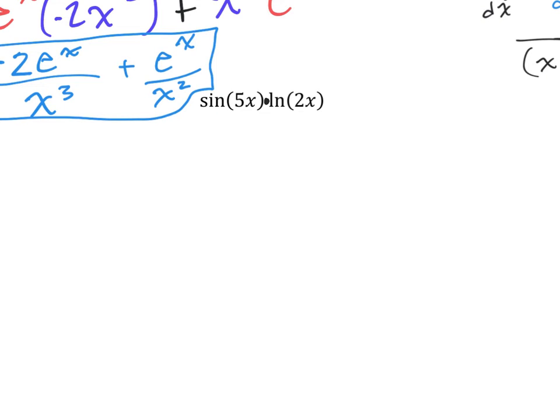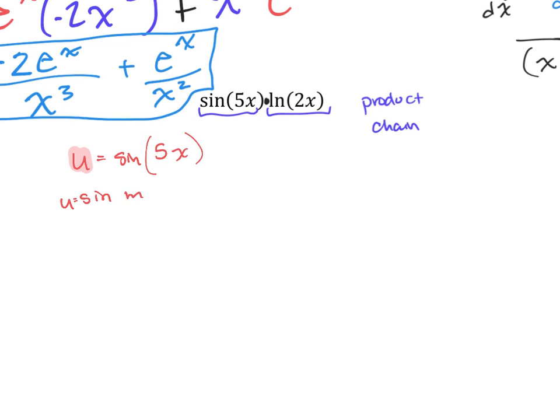And then down here, this is going to be a combination of the product rule, because we have this times this, but it's also going to be a chain rule, and it's going to be a fairly simple one though, because if you recall, anytime we do a chain rule with something like 5x, we just end up multiplying the whole thing by the derivative of the outside. So let's deal with u equals sine of 5x. I'm going to rewrite this as u equals sine of m, and then m is 5x, because I've already used u here.